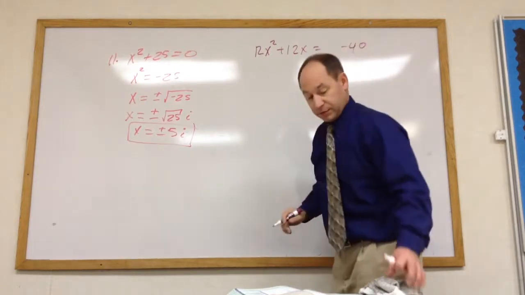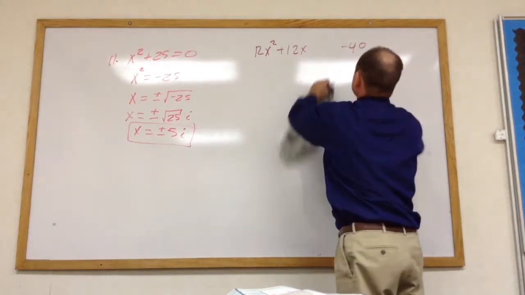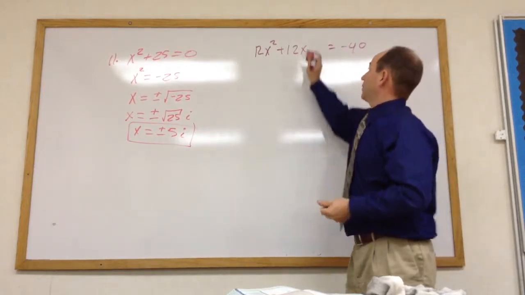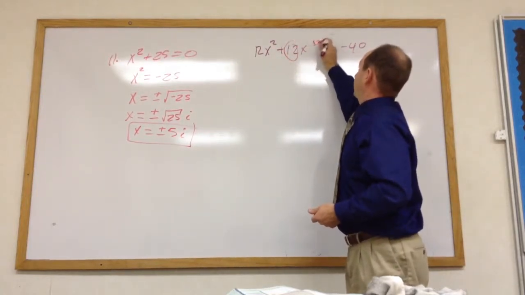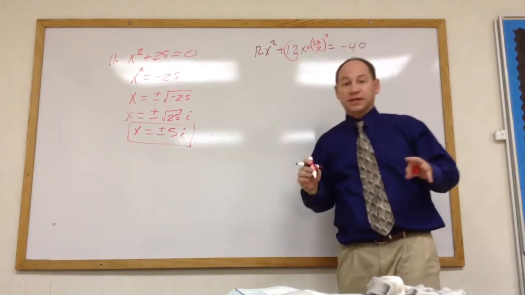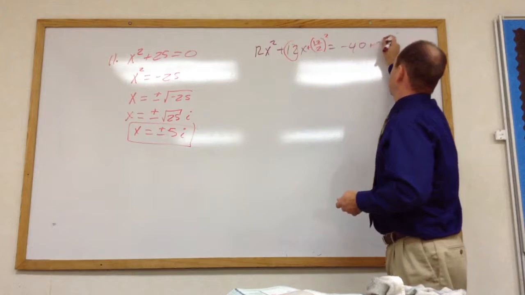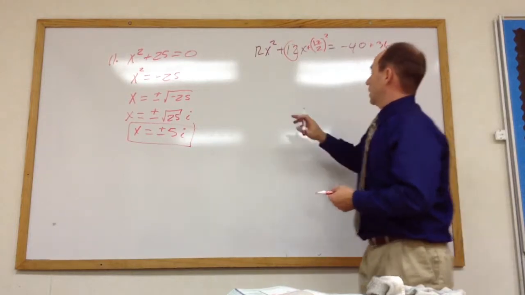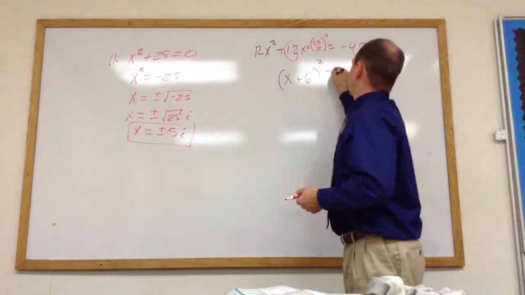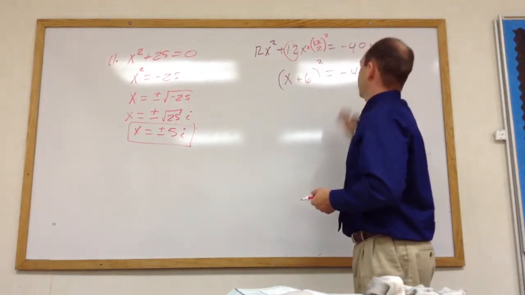Now I'm going to move that equal sign over a little bit because it doesn't say how to do this. I'm going to complete the square. So I'm going to take half of this term. I'm going to take 12 over 2, and I'm going to square that and add it to both sides. Now 12 over 2 is 6. 6 squared is 36. So we're going to add 36. And so we'll have x plus 6, that quantity squared, is going to be negative 4.